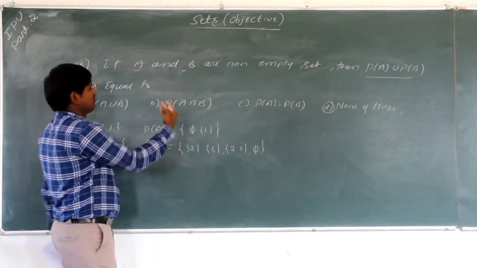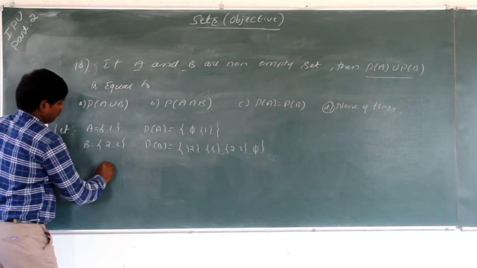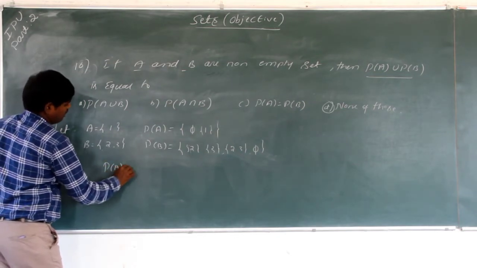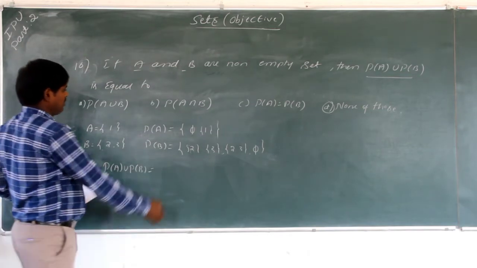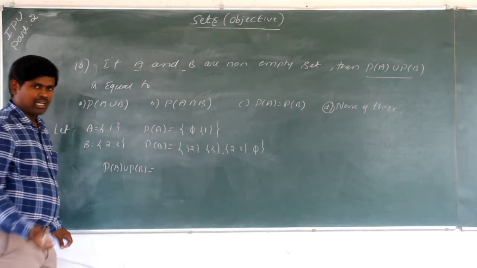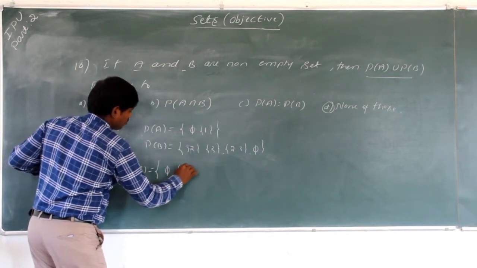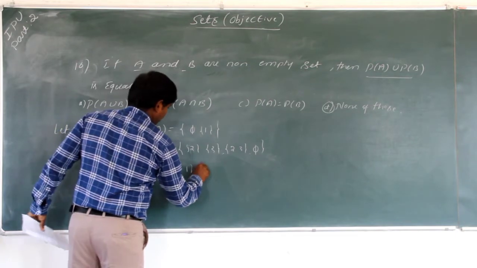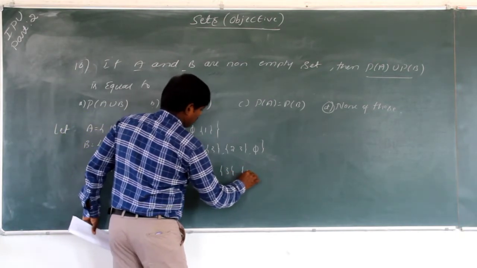Okay, then just verify option A. So P of A union P of B, I am taking P of A union P of B. That means elements which belong to P of A or elements which belong to P of B or both. So the union consists of the null set, 1, 2, 3, 2 comma 3.